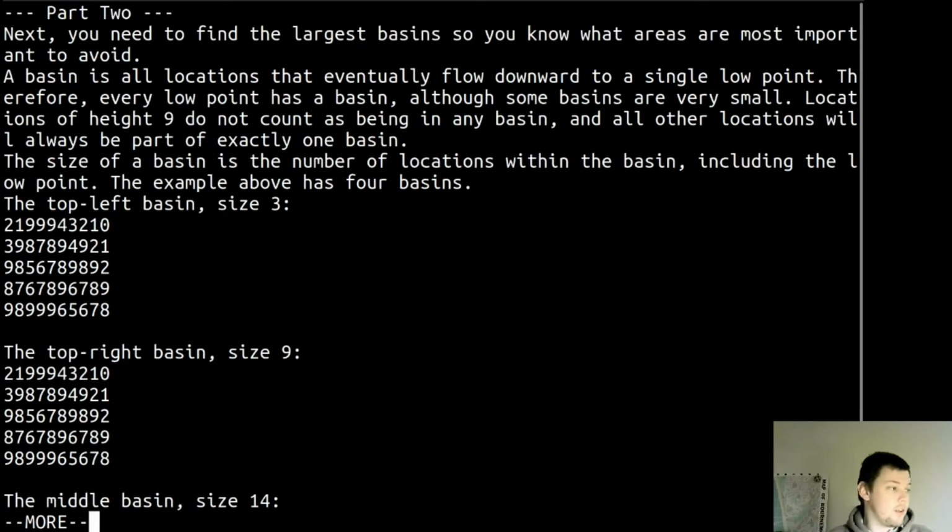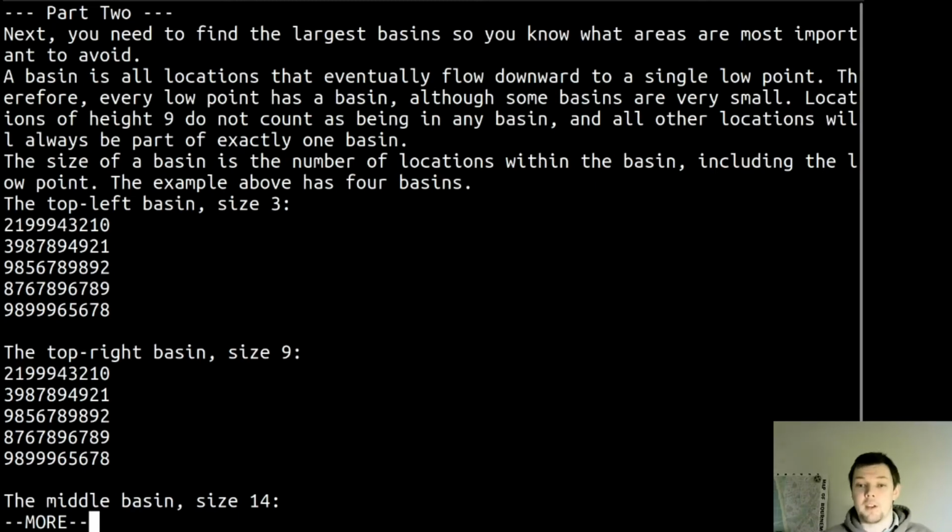You start at all the low points like in part 1, and then for every point that's immediately adjacent and higher than that point, you know it flows to that point, and then you spread outwards. So is it dynamic programming? Or is it probably just breadth first search? I don't know, maybe it's still considered dynamic programming.